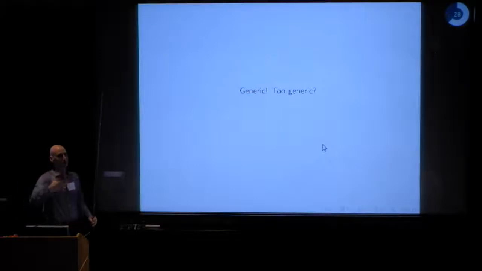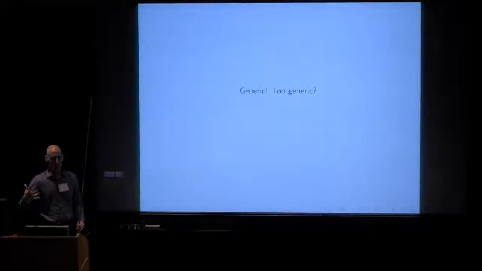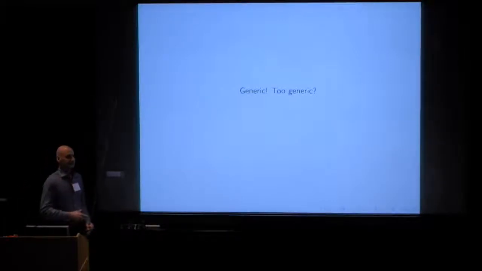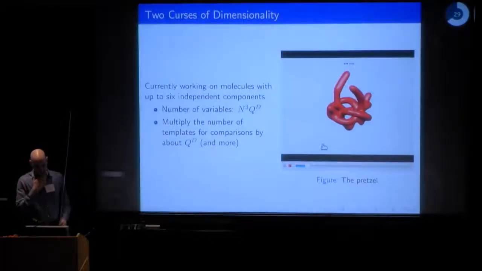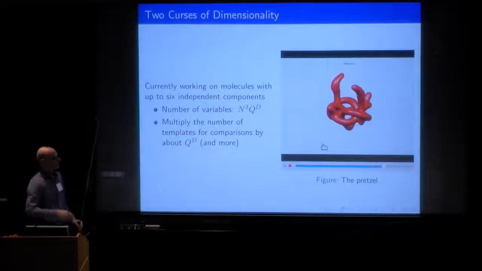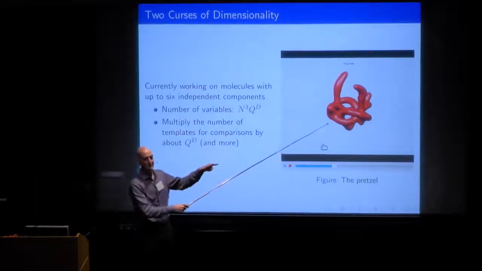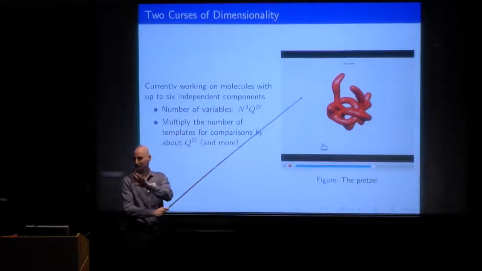So this is very generic. You can represent basically any function in this form. In a sense, it can be too generic. Why is that? As we go to higher and higher dimensions, and why would we go to higher dimensions? Here is the pretzel, and I'll get to real molecules.